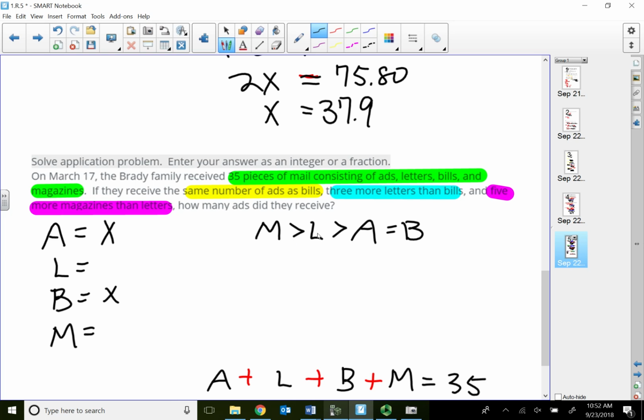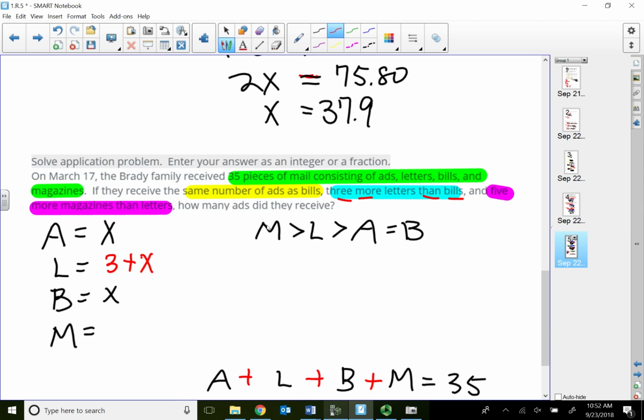Let's find the sentence that contains letters, because I want to compare letters against my ads and bills. Three more letters than bills, so letters is 3, more than means plus, more than who? The bills, which I already called x, right?